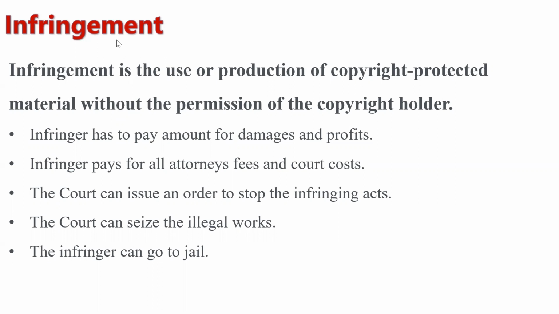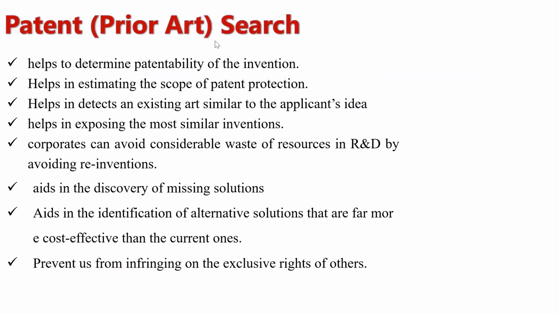So if I have an idea and I want to do the patent, I cannot jump directly to the patent office. Some homework we have to do. As everyone knows, there is another way: these days institutions are establishing innovation bodies like the IP cell. In the IP cell, they have the autonomy and the full facility.